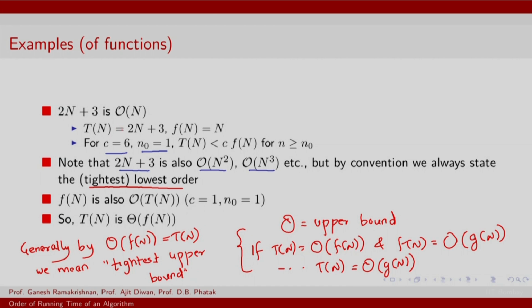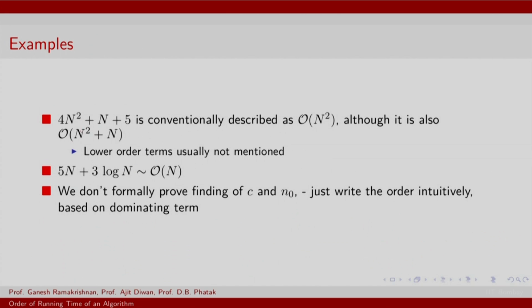So going back to the example, you actually can show that you can't get better than order n for 2n plus 3. So Tn is actually order n, and in fact Tn is theta Fn, where Fn is given by n. In which case the other higher order terms actually become meaningless. The other point to note is you might have lots of trailing terms.